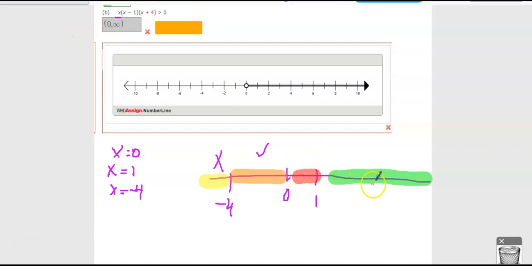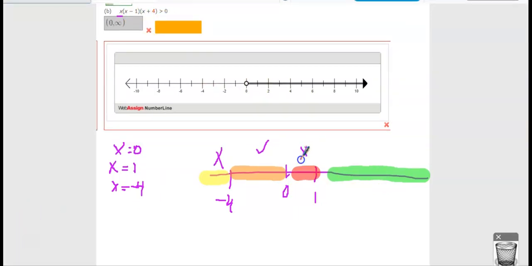Pick a random number in the green section, like 2, and then see if it actually works. You'll see that this section does not work and this section does work. And notice it's strictly greater than, so these are parentheses. So from -4 to 0, that's one of them. And this section does work, from 1 to infinity.